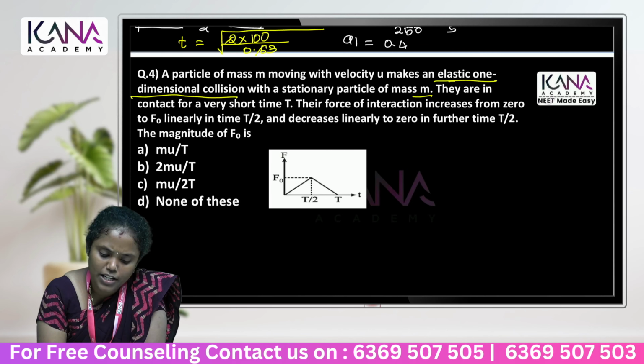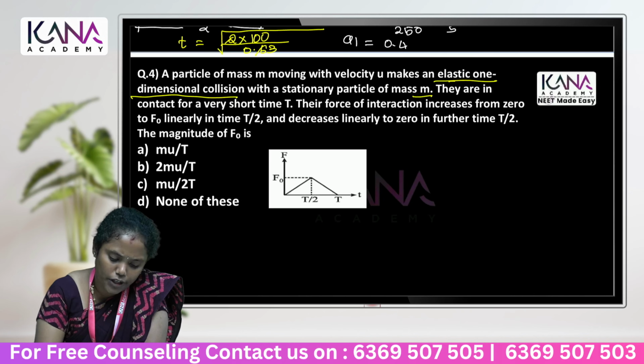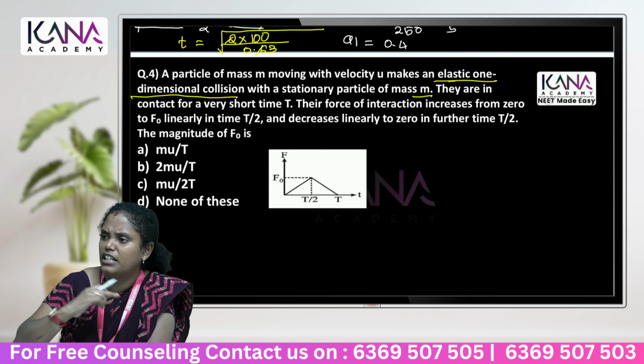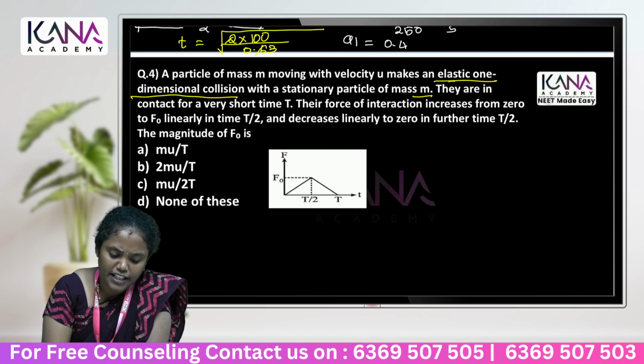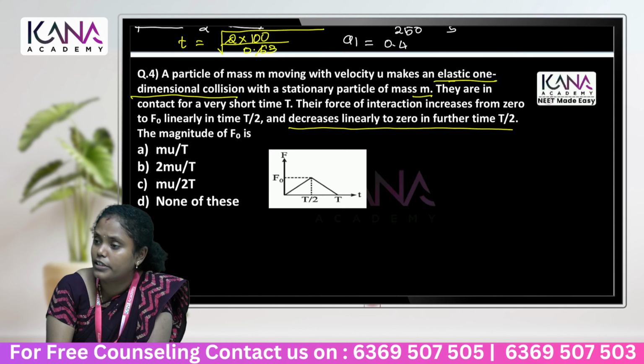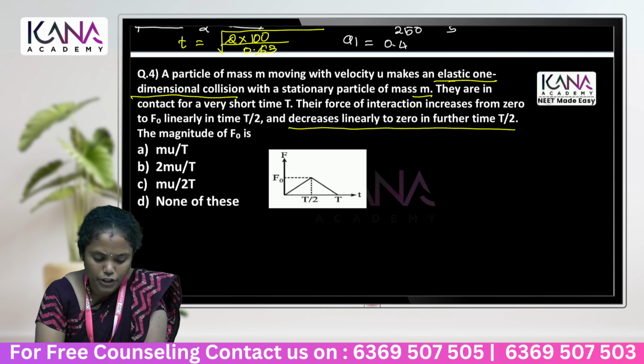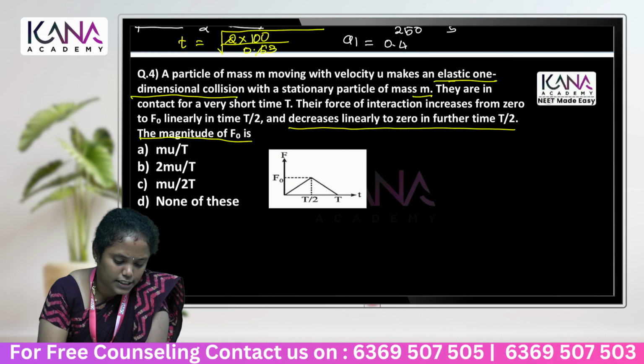Their force of interaction increases from 0 to f naught linearly in time t by 2. So half the time la namakku linear enna irukku increase irukku and decreases linearly to 0 in further time t by 2. The magnitude of forces.